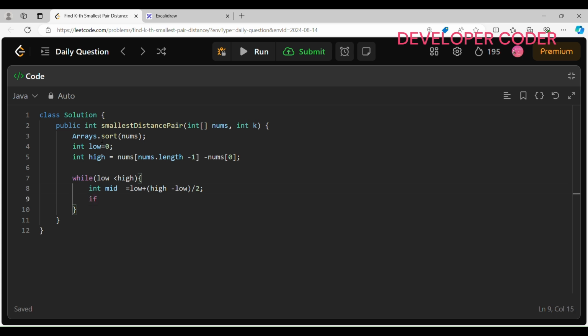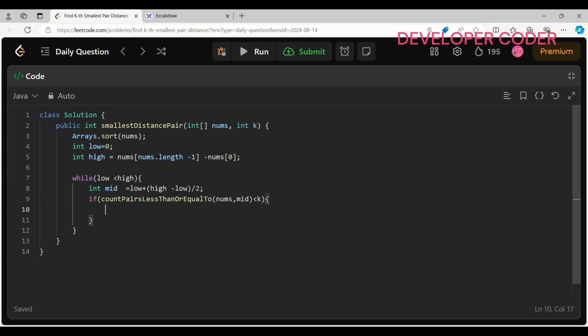Then I have to check the number of pairs that I am going to get with this mid, which is nothing but this distance. So here countPairsLessThanOrEqualTo, in this I am just passing my nums and value of my mid, and I am checking if the number of pairs is less than k.